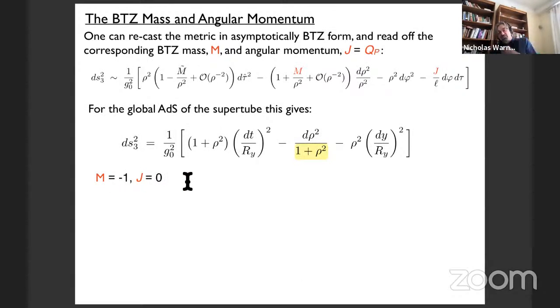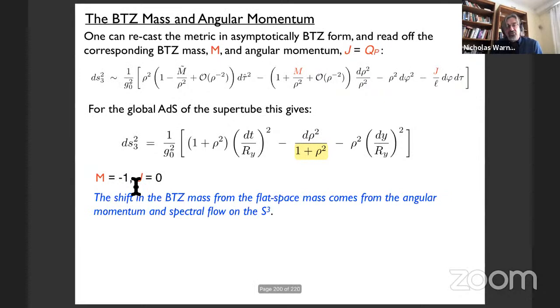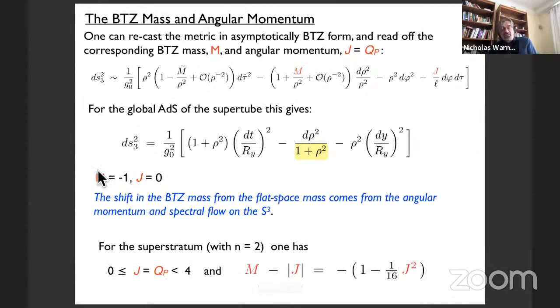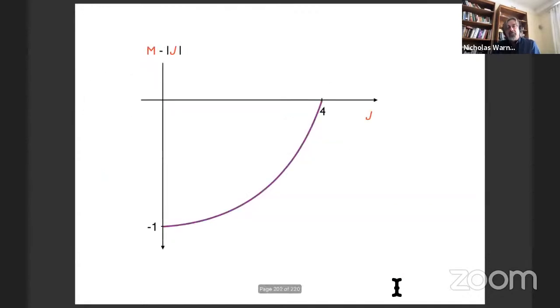This has to do with the spectral flow that goes from the AdS formulation to the flat formulation of a supertube or superstratum, and this m = -1 is the -1 of the Neveu-Schwarz vacuum. Just remember the baseline is m = -1. If you do a superstratum, for n = 2, you find that J is basically QP, and it's limited by 4, and in fact m minus the magnitude of J is still negative, but at J = 4, it exactly saturates and you get the BTZ bound.